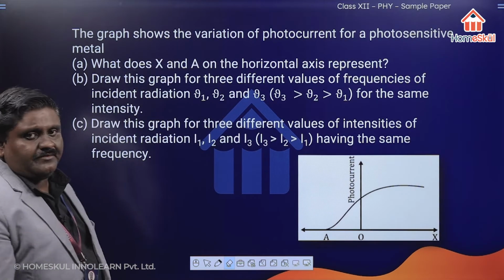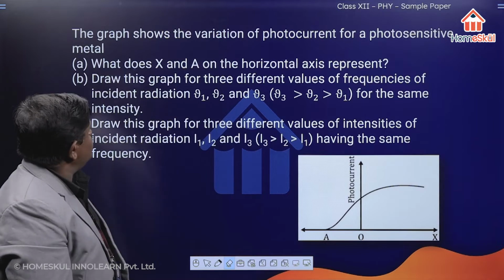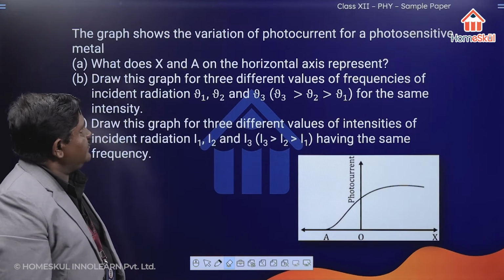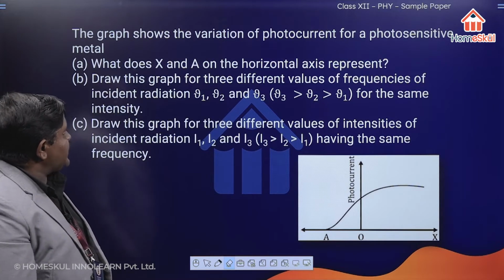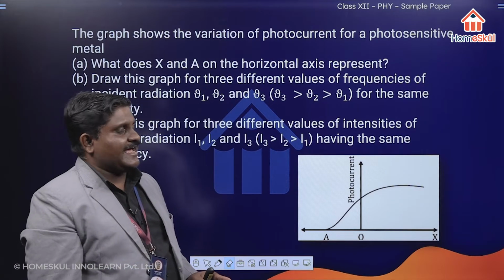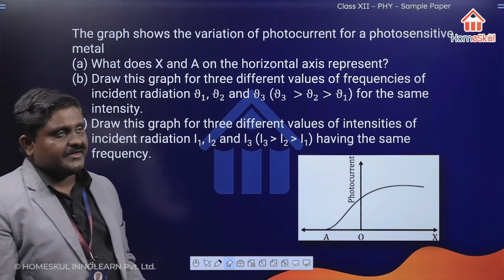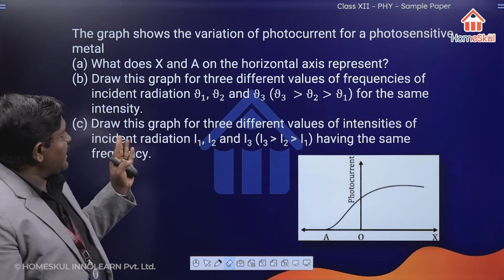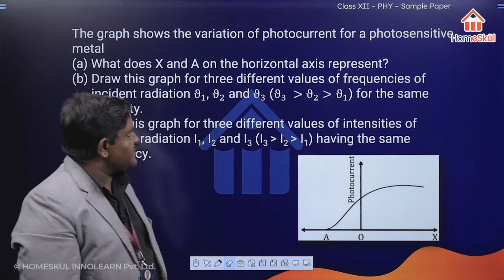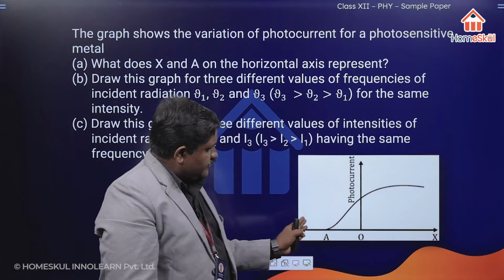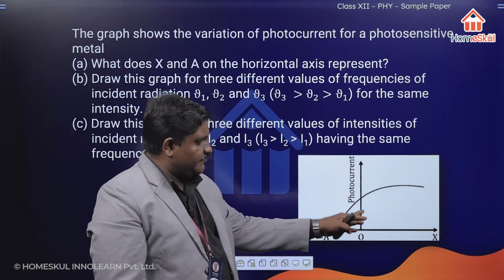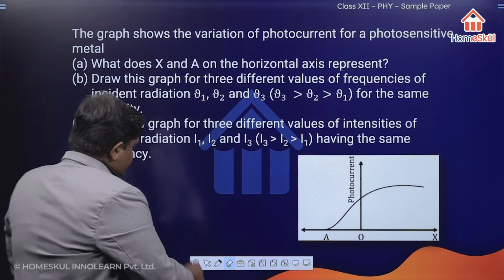This is the OR question. The graph shows the variation of photocurrent for the photosensitive metal. What do X and A on the horizontal axis represent? This is the first question. Here a graph is shown, so we have to find out what X and A are.